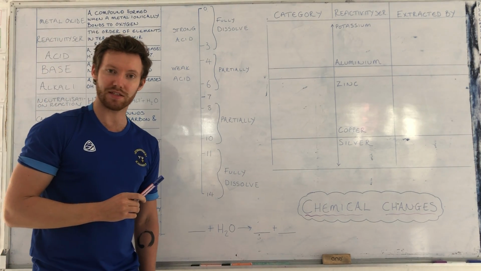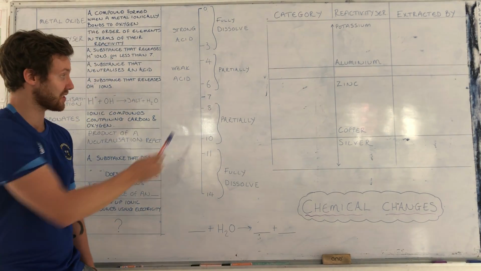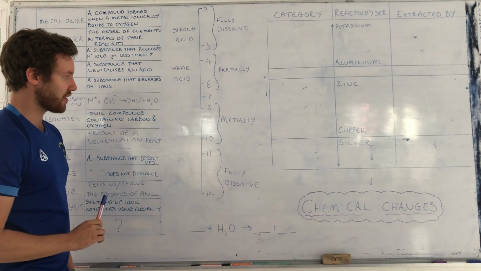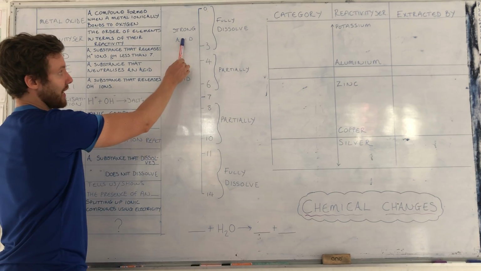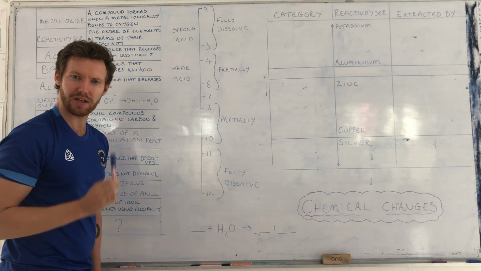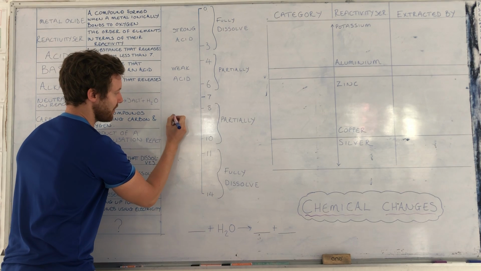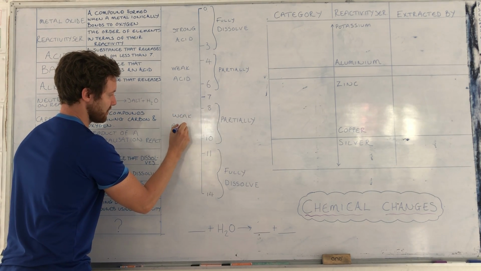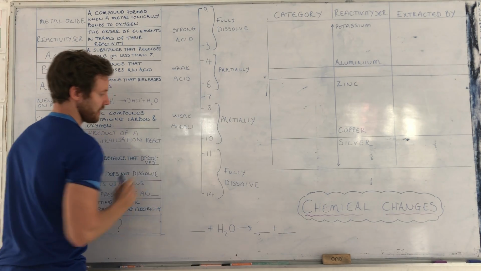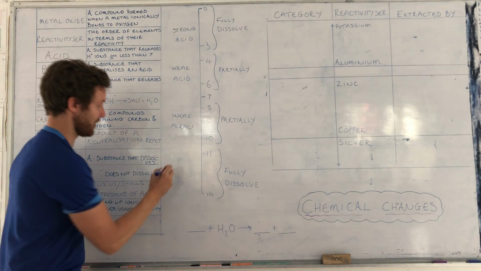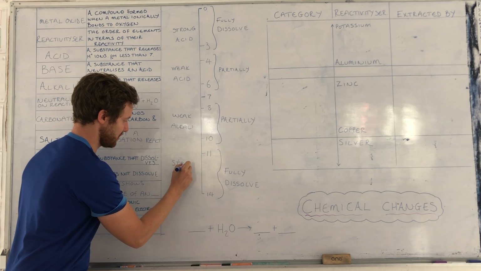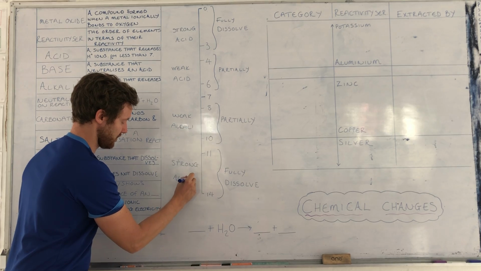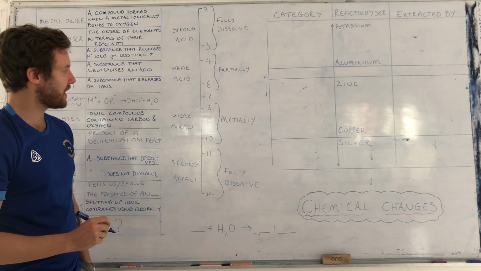My year 10s recently did a titration to produce this neutral solution. Great work by them. Going on further, now we're looking at our opposites to our acids. We'll refer to them as our alkalis within this situation. So here we have our weak alkali. And then finally, yes, you guessed it correctly, we have our strong alkali.